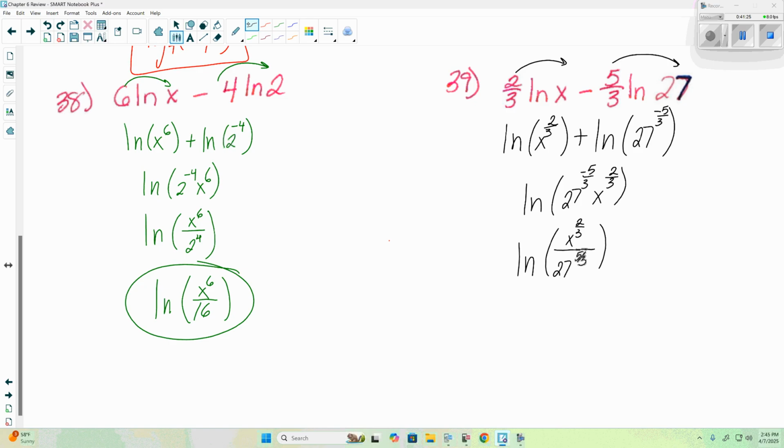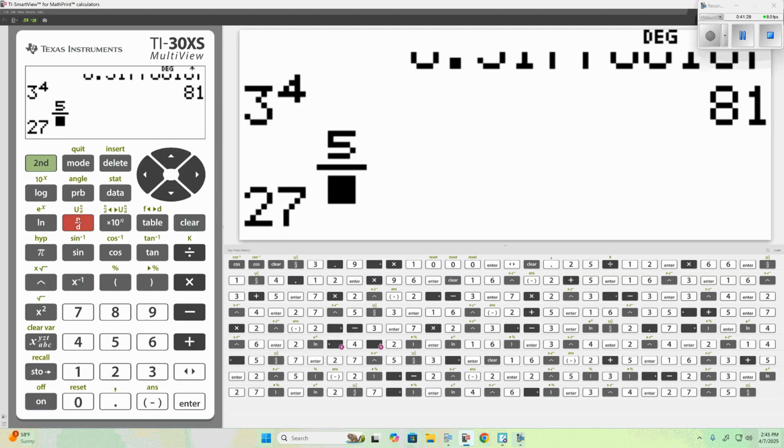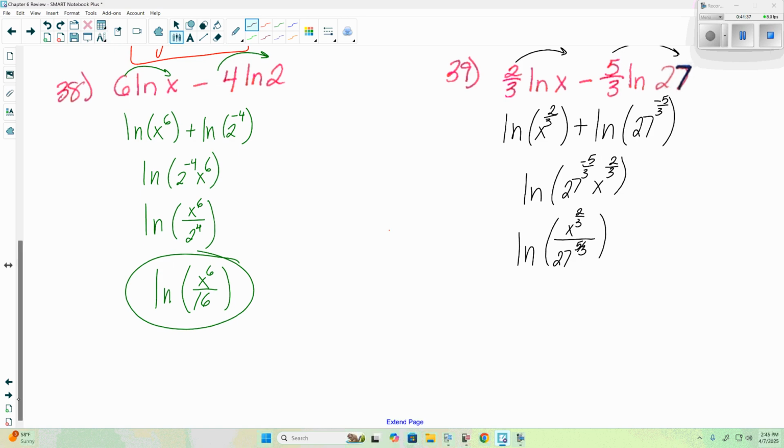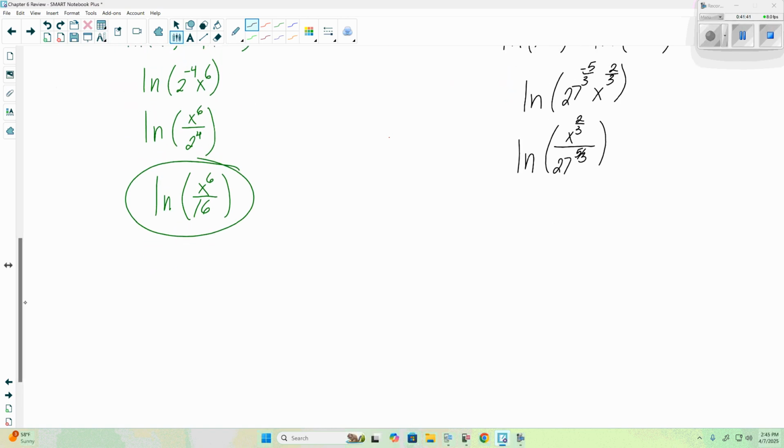No. You know what? Just to make sure, 27 to the 5/3 is 243. Okay. So we can simplify that. So really this is the same as the natural log of x to the 2/3 over 243.